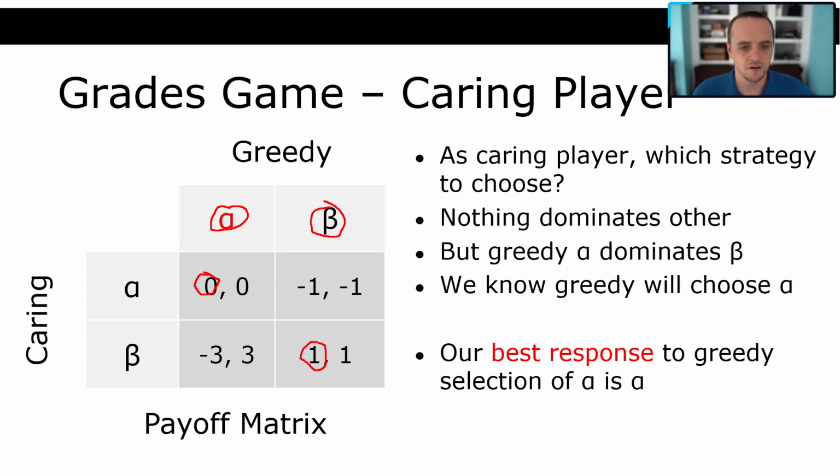But we knew that for the greedy player, alpha dominates beta. So we're pretty sure that if greedy is rational, they're going to choose alpha. So our choice should be to choose the best response to alpha. We look at the greedy person's alpha, then we choose our alpha because it's better than our choice of beta. So sometimes it's better to put ourselves in the shoes of others in order to make our decision, even though we don't strictly have a dominated strategy for ourselves.